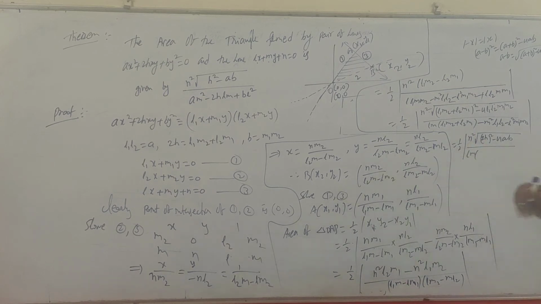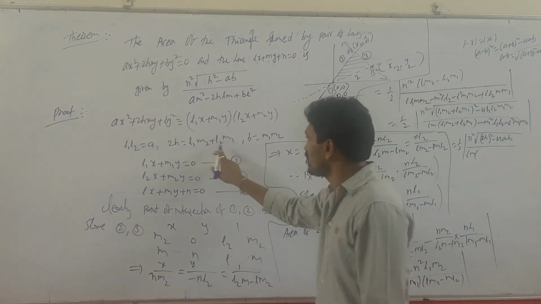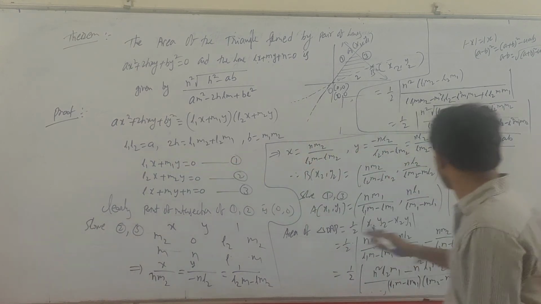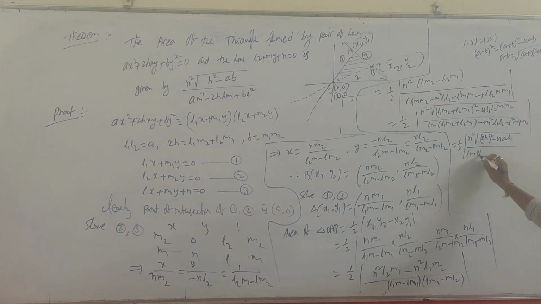How can I write? In the previous theorem you have written. L1 m2 plus L2 m1, what can you write? 2h only. That is Lm into 2h. 2h Lm minus m square. Minus m square means what here? Minus m square means m square only.